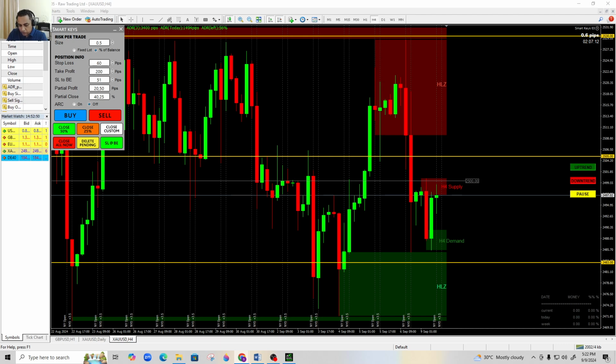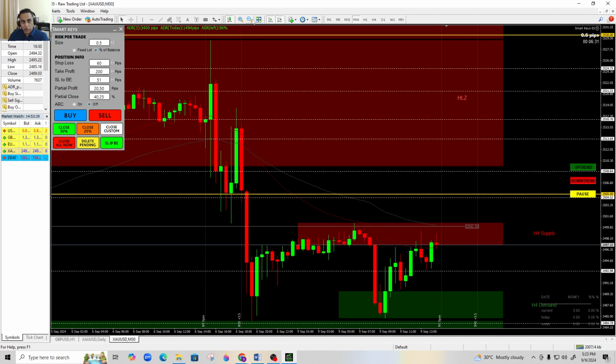So previous weekly and daily candles closed below 2505, weekly resistance 2505. Price is currently testing H4 supply. Now we go down to M30.